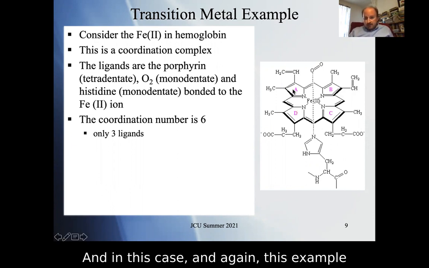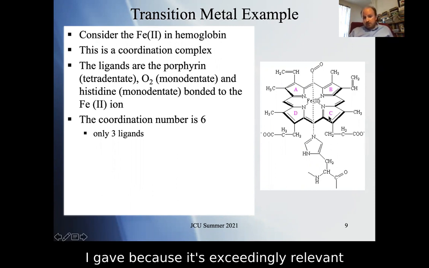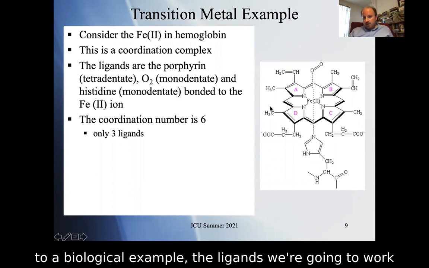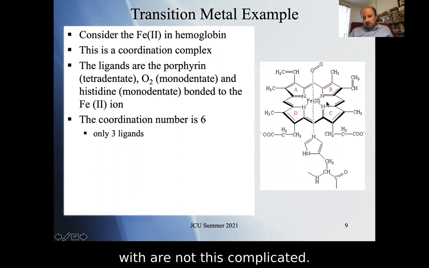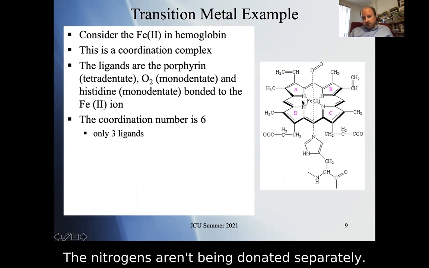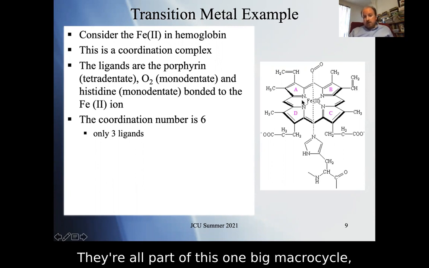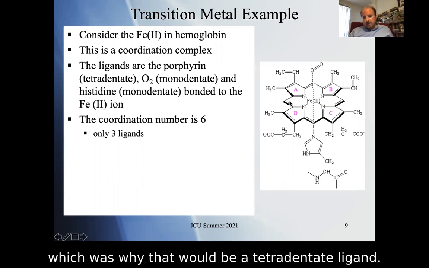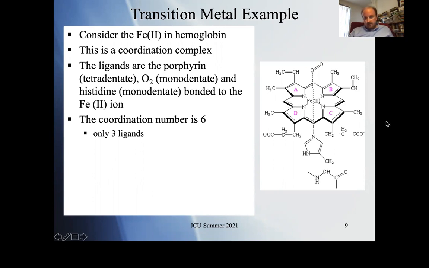This example I gave because it's exceedingly relevant as a biological example. The ligands we're going to work with are not this complicated, but this cyclical structure is entirely connected. The nitrogens aren't being donated separately. They're all part of this one big macrocycle, which is why that would be a tetradentate ligand.